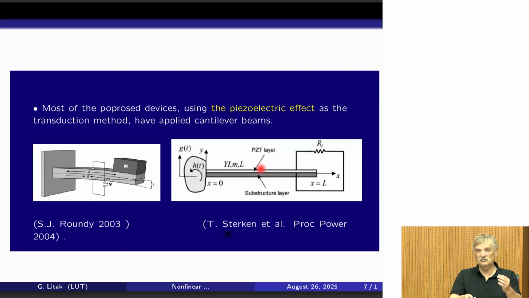In such a way, you have deformation inside the piezoelectric material, elongation or contraction.